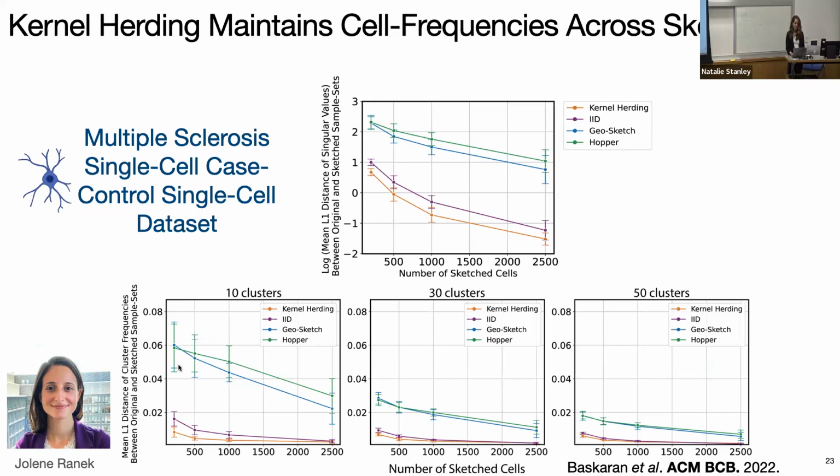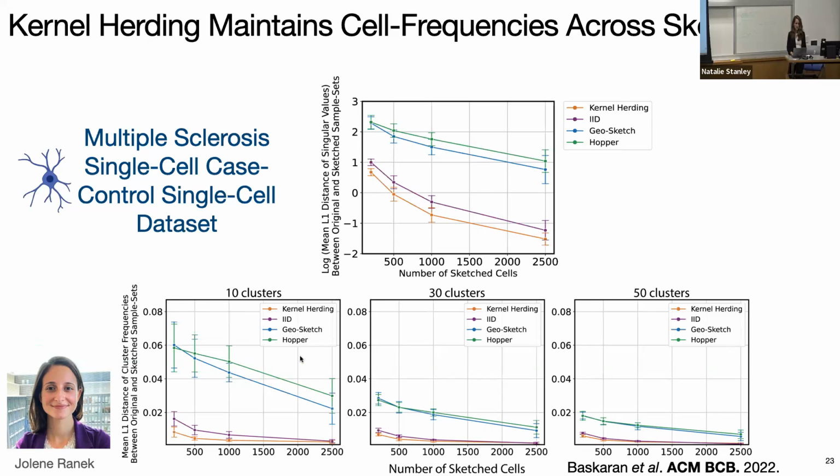And then in particular, what I told you we really care about is preserving the frequencies of major cell types. So we looked at taking our sketches and binning them into different numbers of clusters, so 10, 30 to 50. And then again, we looked at the frequencies of the original data set across these clusters and in the sketched version.